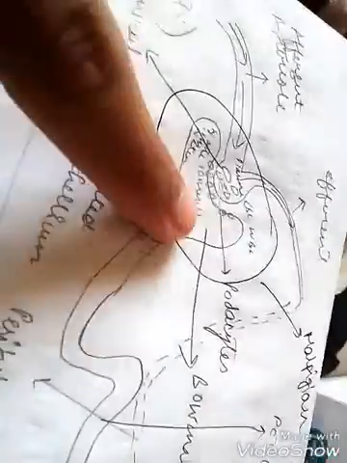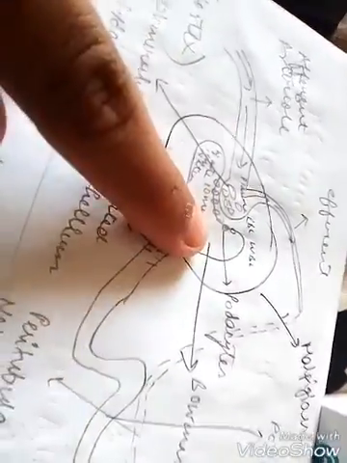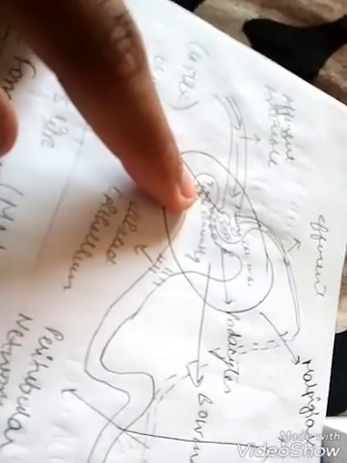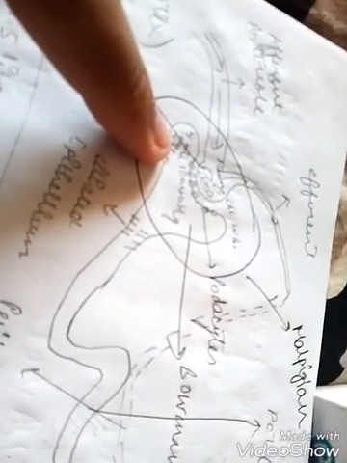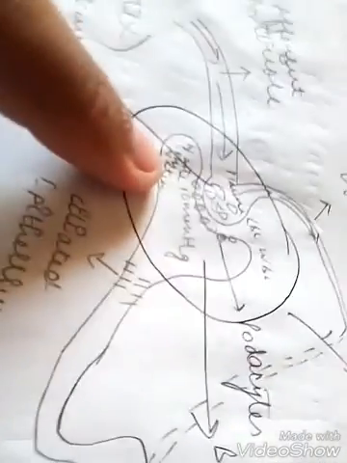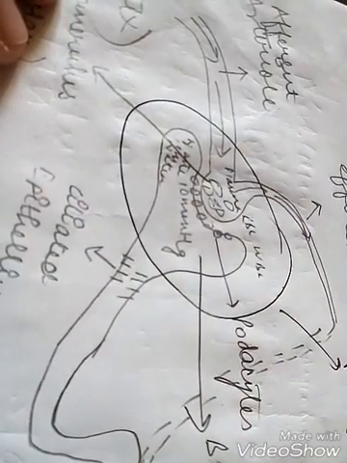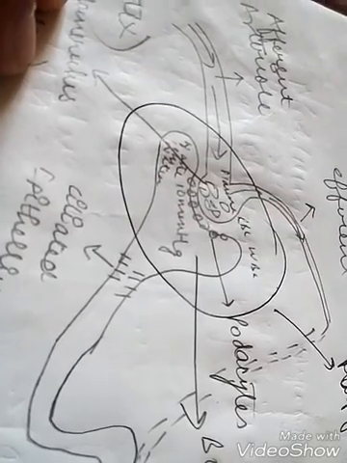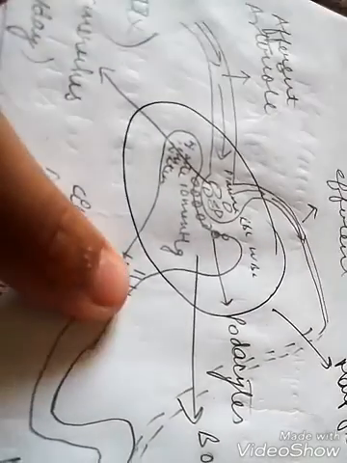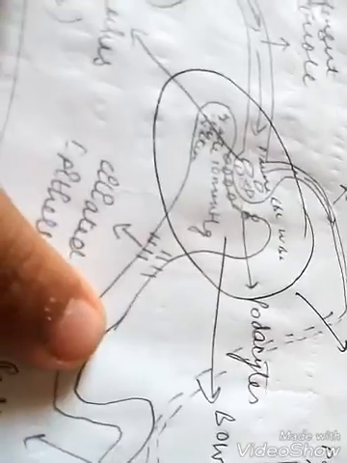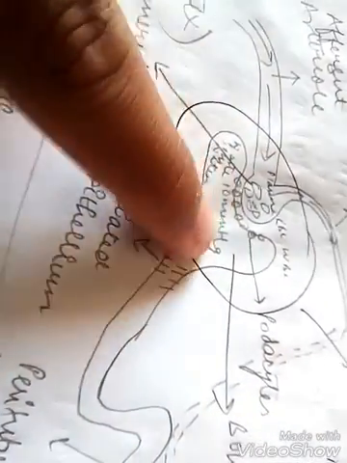Now do you think each and everything which comes inside this Bowman's capsule is useless? Because ions, not every ion is bad. Am I right? Yeah, Na and Cl may not be useful. Still they are useful, but for the time being if we consider that Na and Cl are not essential, even glucose enters here.